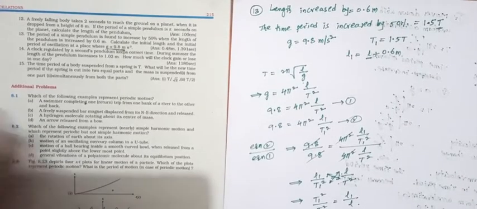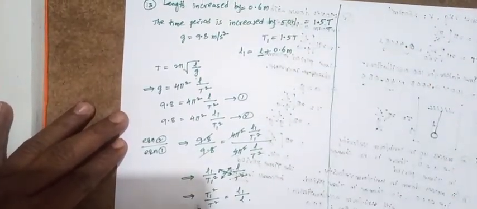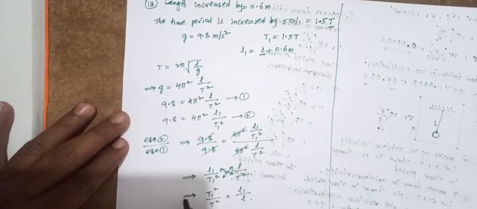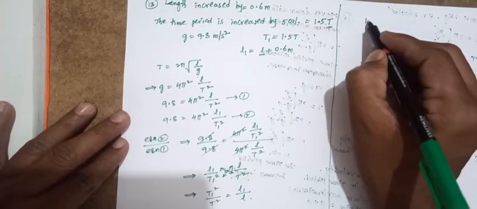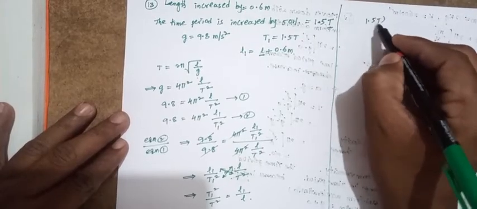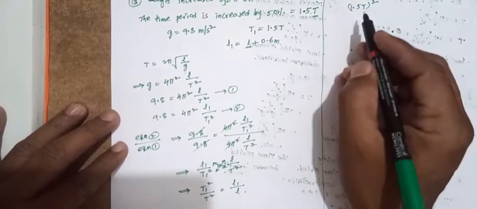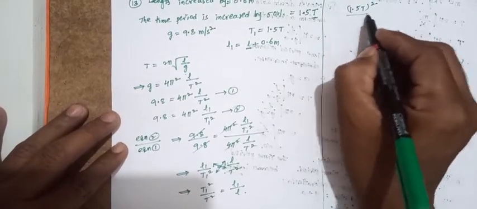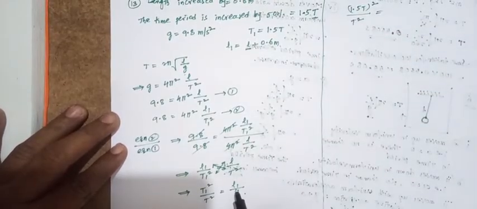From this equation we can write, what is T1? T1 equals 1.5 T, whole square, divided by T square equals, what is L1?